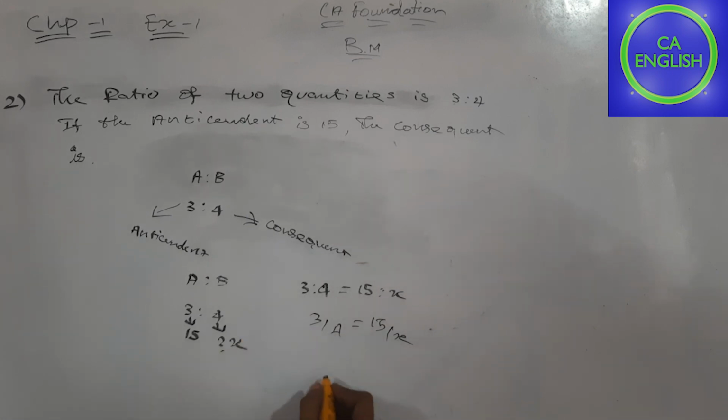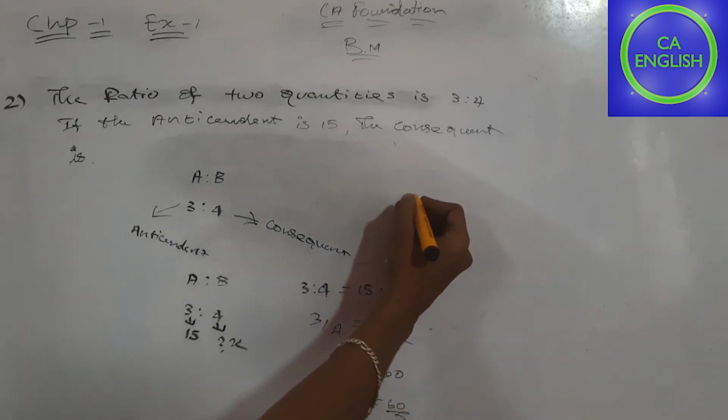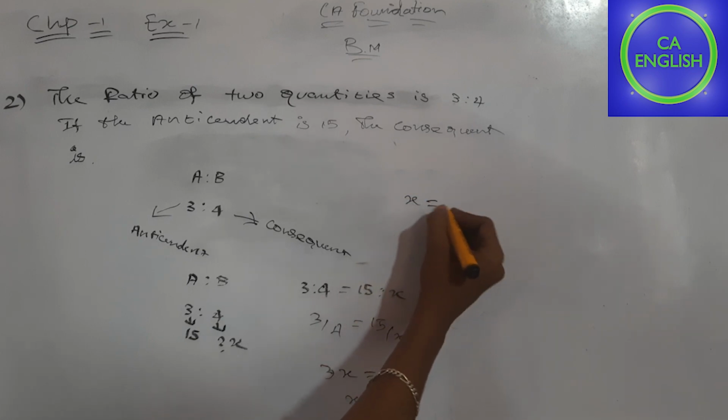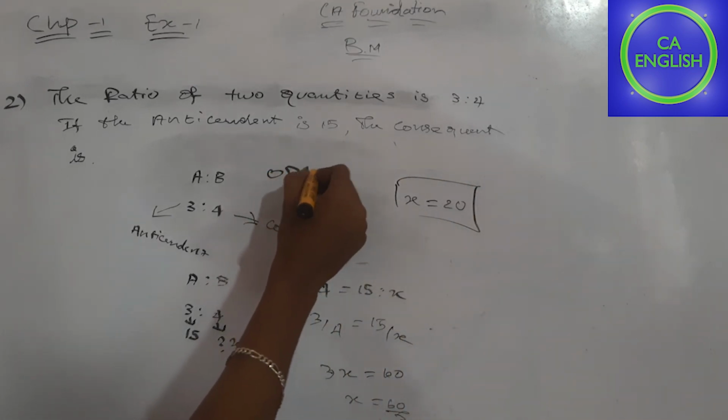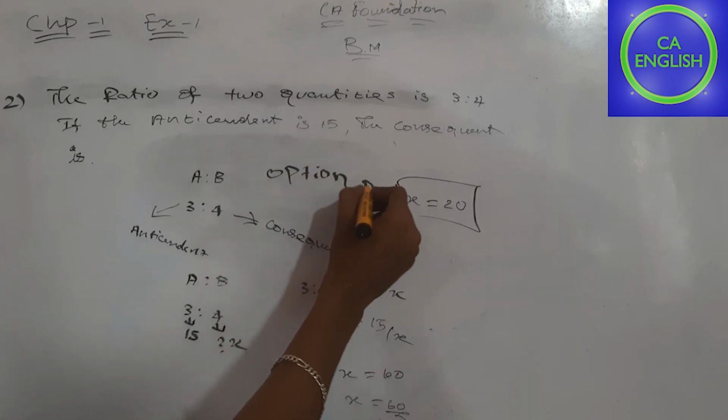Therefore, cross multiply this. 3x is equal to 60. Therefore, x is equal to 60 divided by 3. Then the answer is x is equal to 20. Okay, option D.